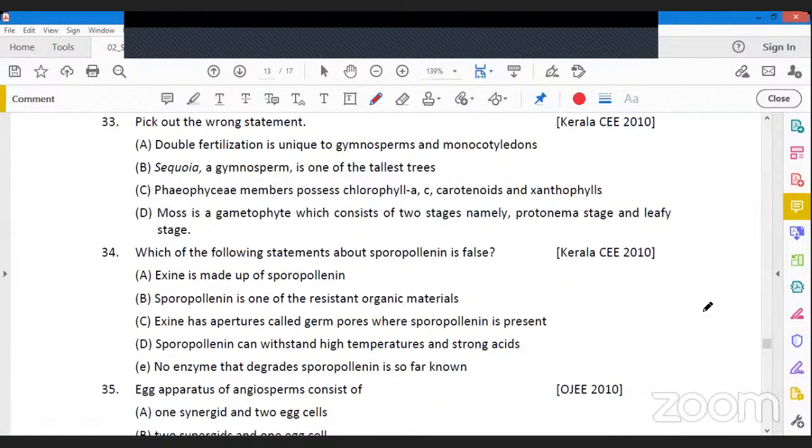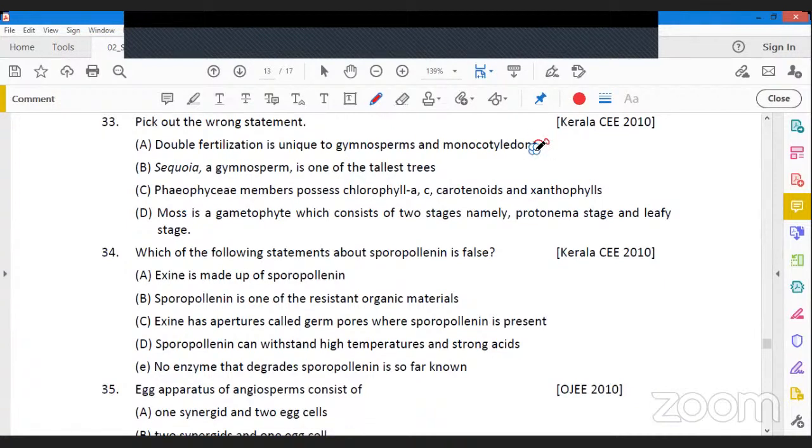So pick out the wrong statement. Do it slowly. Answer: double fertilization is unique in gymnosperms and monocotyledons.